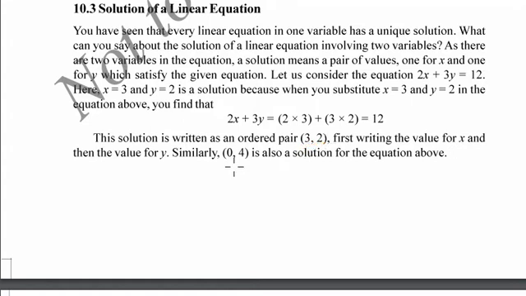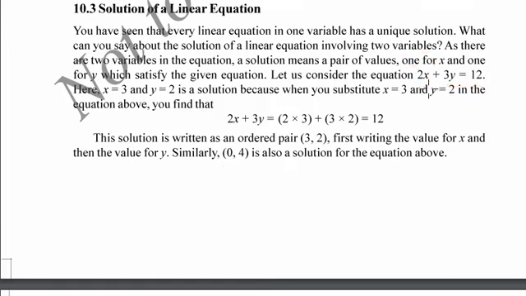One of the other solutions is 0 comma 4. Let us substitute 0 comma 4 into this equation. 2 times 0 is equal to 0. Notice that the value of a variable is 0, not the coefficient. If the value of the coefficient is 0, that means this is not an equation involving two variables.